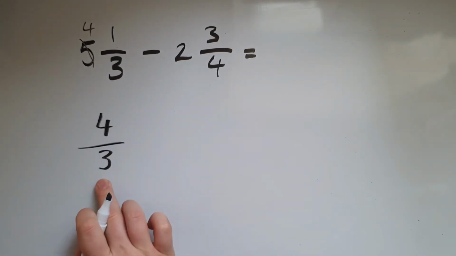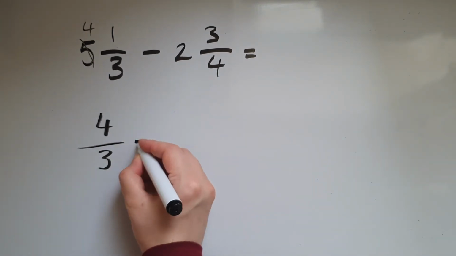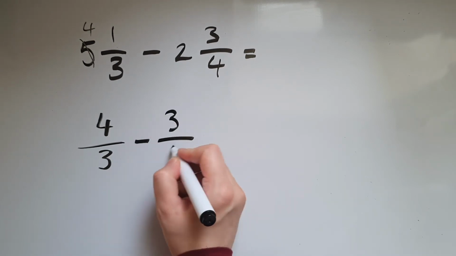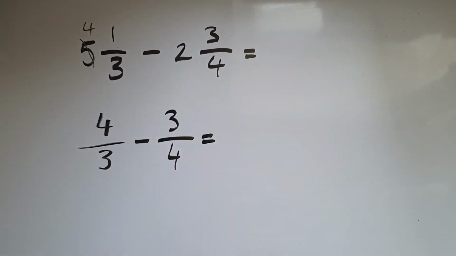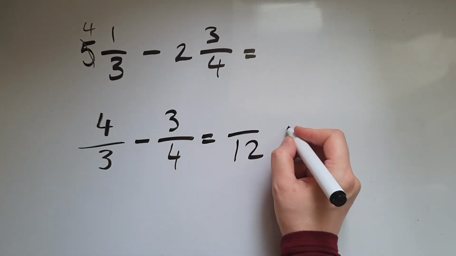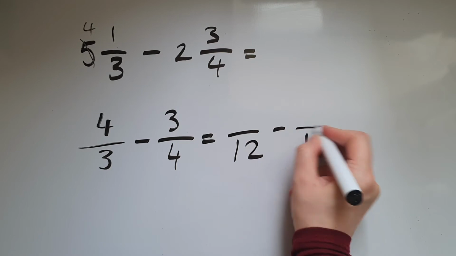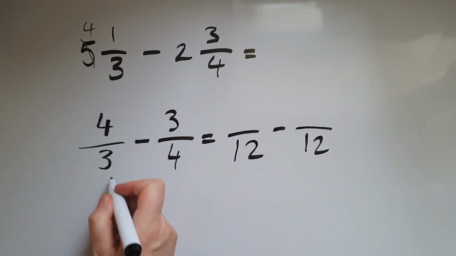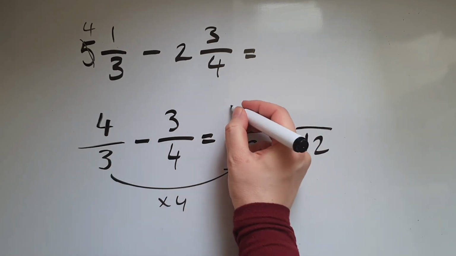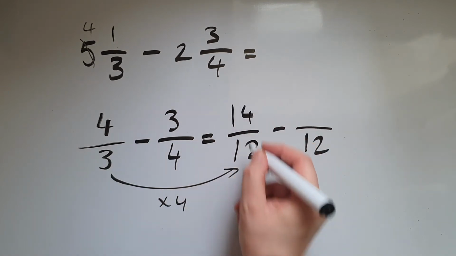So that makes it 4/3. I'm going to take away 3/4. So finding a common denominator, that can be 12. So 3 times 4 gives us 12. So 4 times 4 is 16.